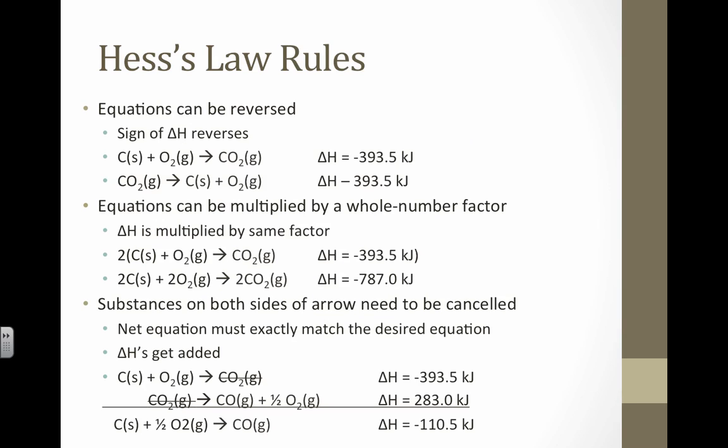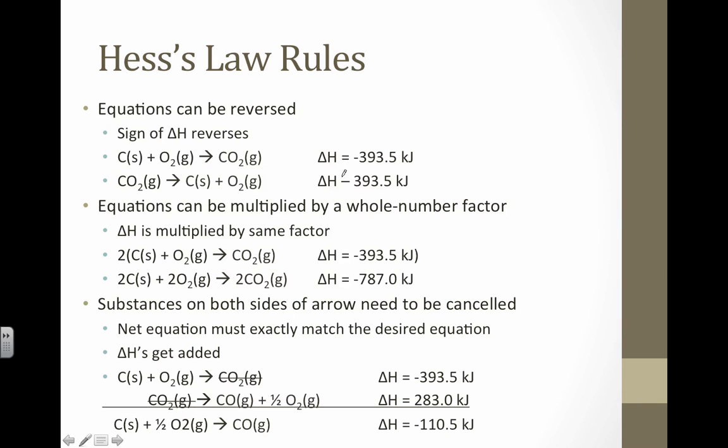So the rules for Hess's Law. What you can do to any equation, if you need to in order to get the final answer, is reverse reactions. So I can take this arrow here and reverse it. For instance, I have the reaction in this way, and you see how it's negative.